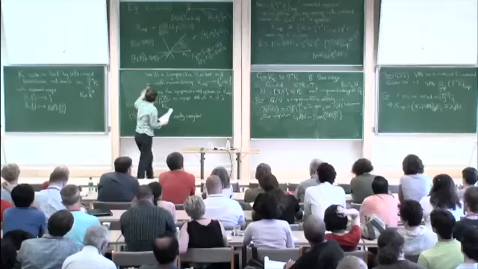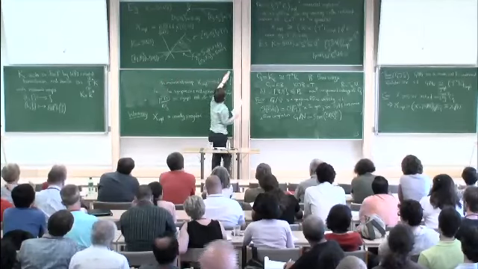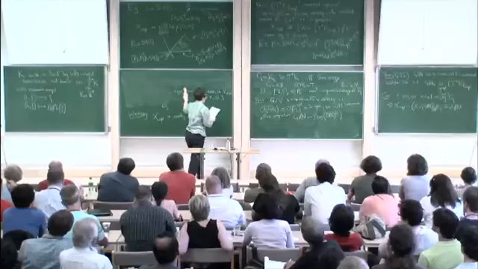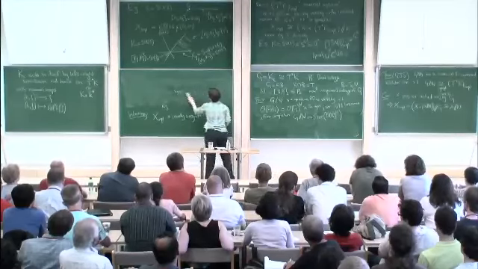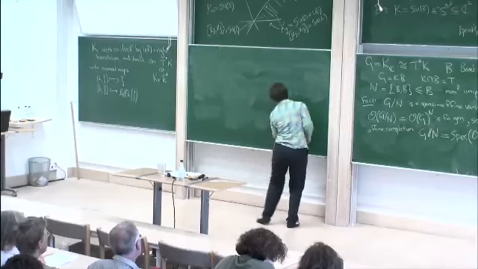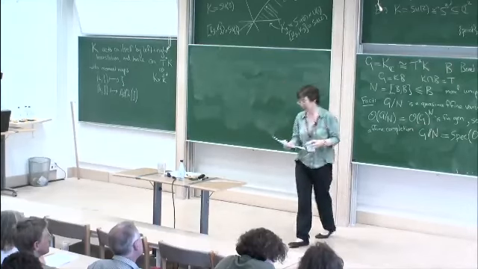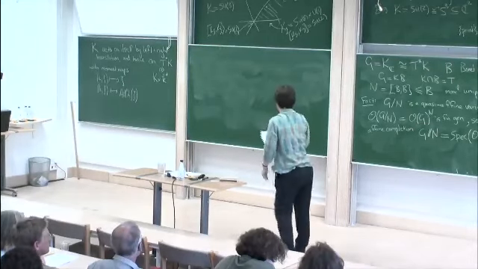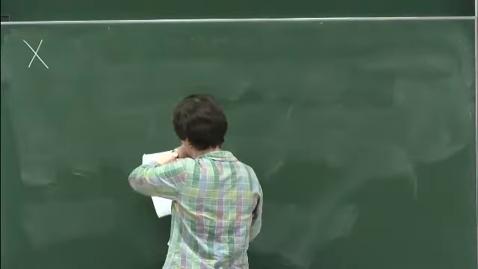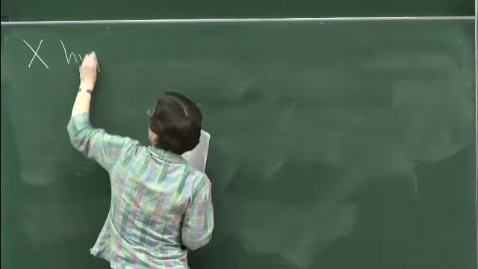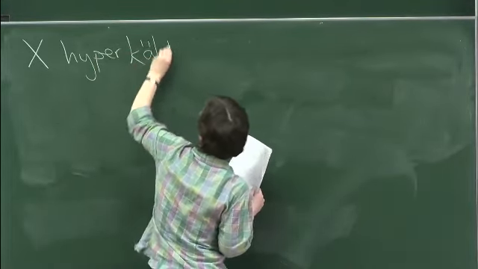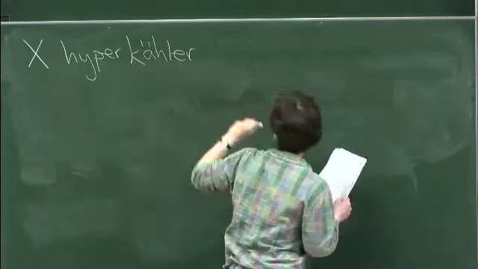So this is work in progress with Andrew Dancer and Andrew Swann. We've already heard about Hyperkähler manifolds this morning, thanks to Tamás, but let me just set up the Hyperkähler picture briefly. So I now want X to be a Hyperkähler manifold.